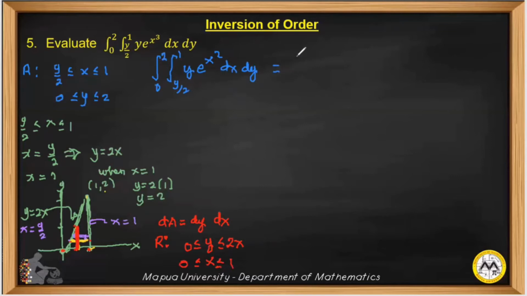If we reverse the order, instead of the differential of a equals dx dy, we will do it dy dx. The inner variable of integration is y, and this time y goes from 0 to 2x, and x will go from 0 to 1.